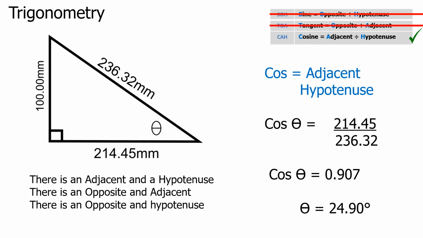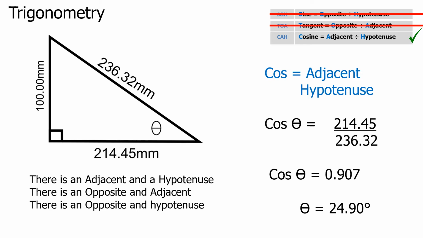So therefore, let's populate our formula. Cos theta, which is the angle we're looking for, equals 214, which is adjacent, over 236, which is the hypotenuse. Therefore, cos theta equals 0.907.